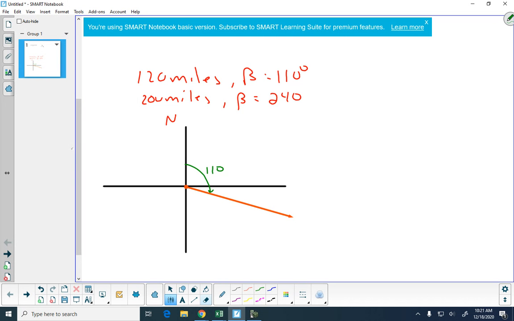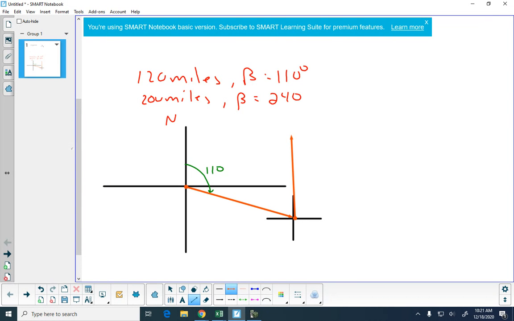Now what I suggested that you do is draw yourself a little axis at the tip, and do the exact same thing with the second bearing. Okay, so we have a bearing of 240 degrees. So we start here.